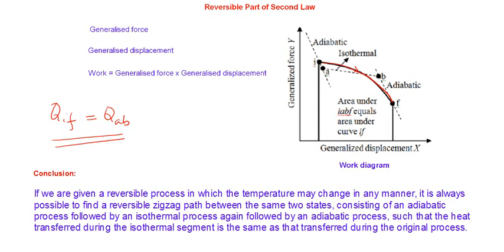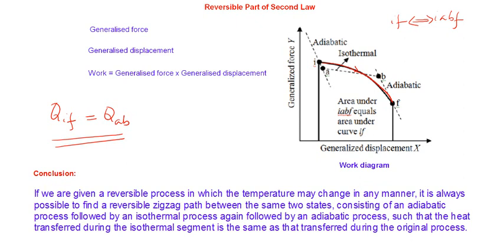And we have tried to replace the path IF with an equivalent set of paths, which is zigzag. IF is replaced with, this is equivalent to IABF. We have constructed the curve in such a way that it consists of two adiabatic paths and one isothermal path.